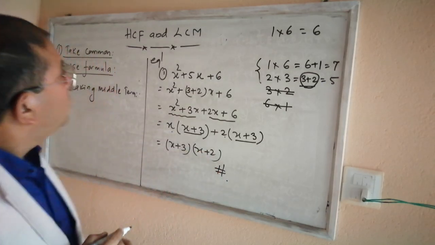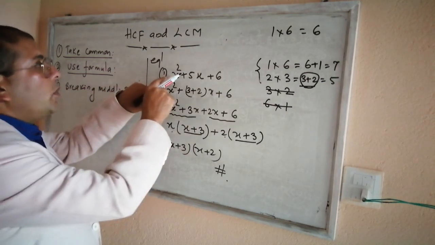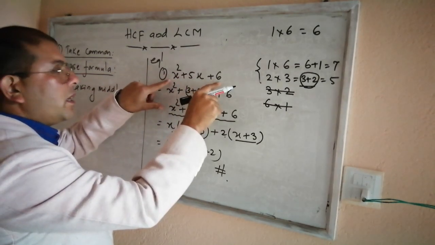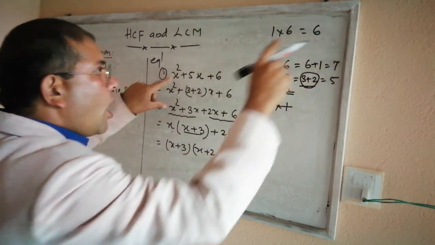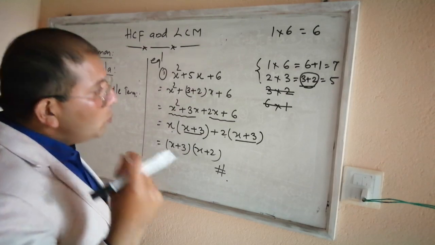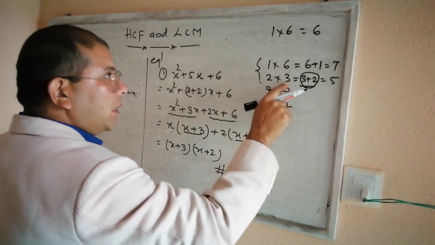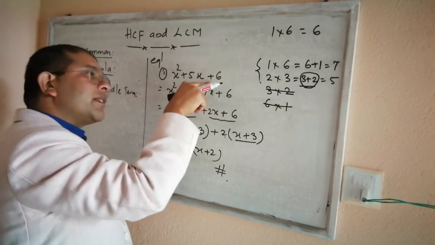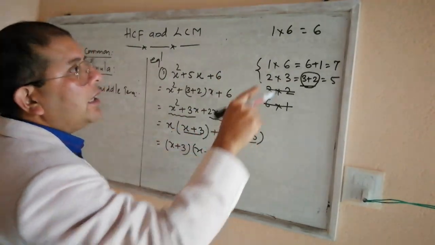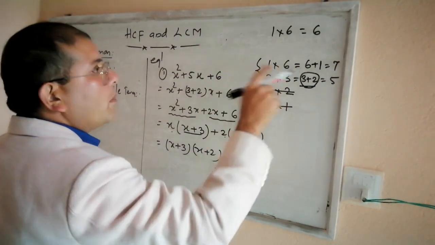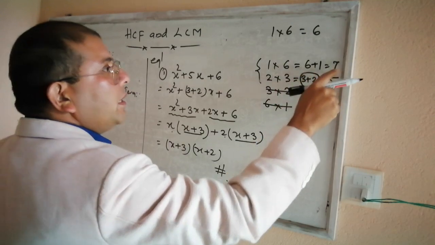So it is your factorization. To do this breaking of the middle term, don't forget: take the product of the coefficient of the first term and the last term. It is 1 into 6, which is 6. Now break this 6 into two parts. 6 is 1 into 6, 2 into 3. And which sign is at the end? Plus is there. Now put that plus sign in between these two numbers. So 6 plus 1, 3 plus 2. Now it is 7, it is 5.